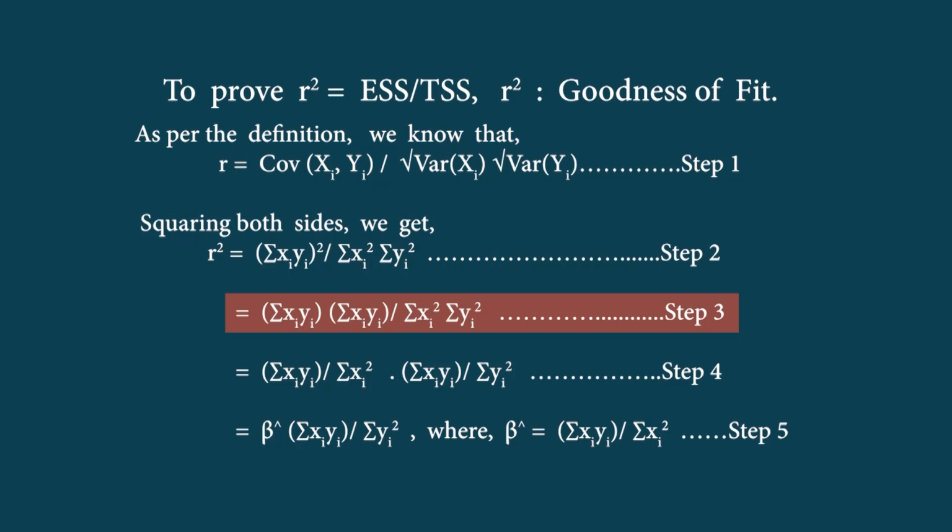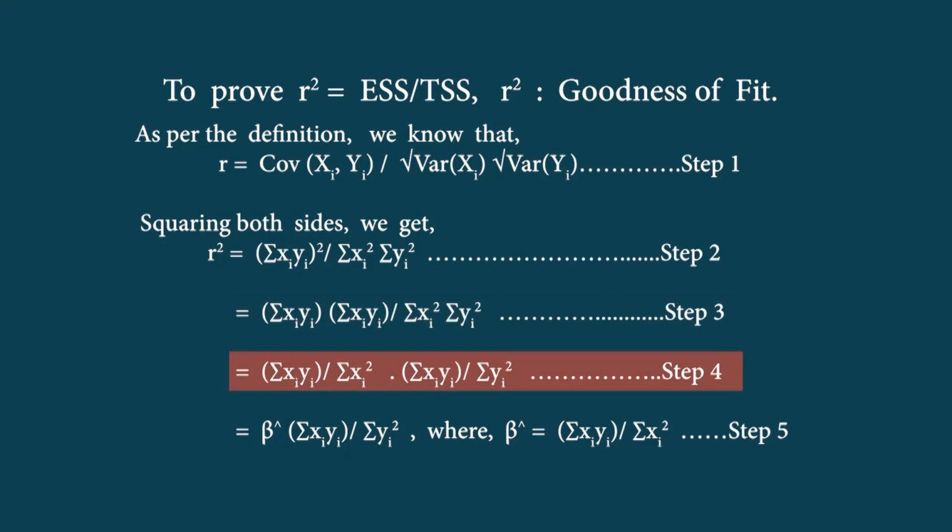Now we get into step 3. In step 3, what we are doing basically, we are decomposing summation of xi yi whole square and we are writing it elaborately. That is summation xi yi into summation xi yi divided by summation of xi square summation of yi square. And that is how step 3 comes up. Now by the cancellation in the denominator, we are getting an expression of summation of xi yi by summation of xi square.